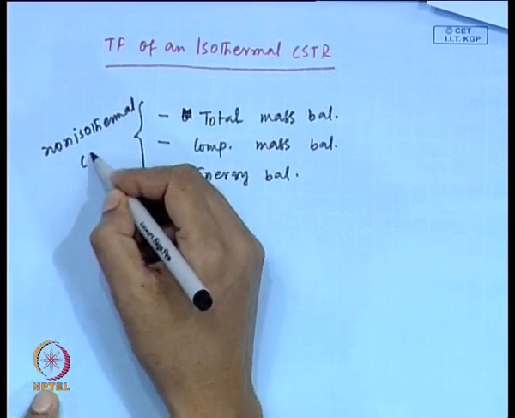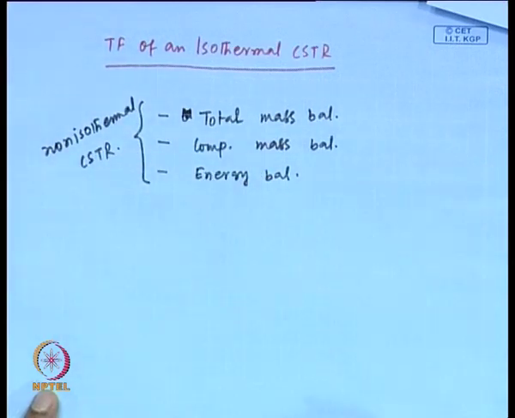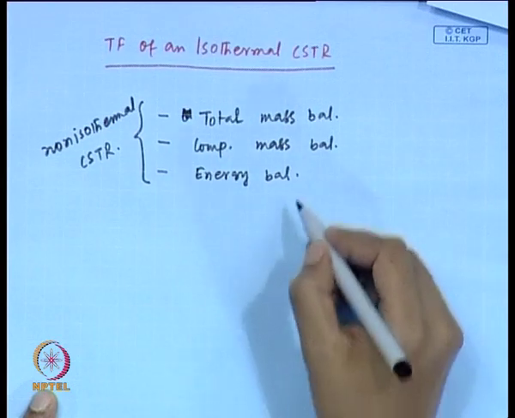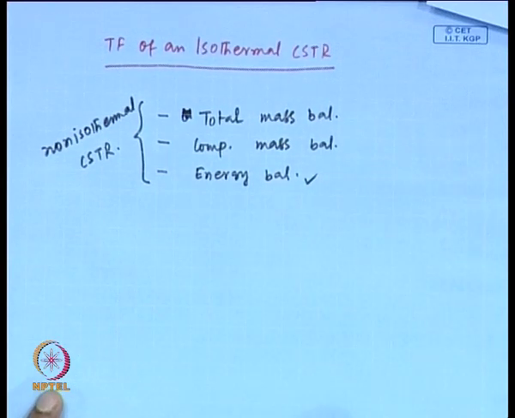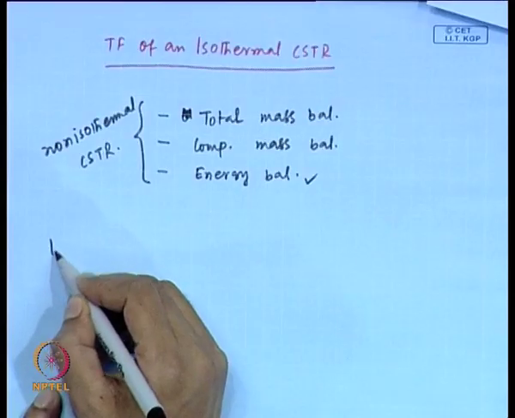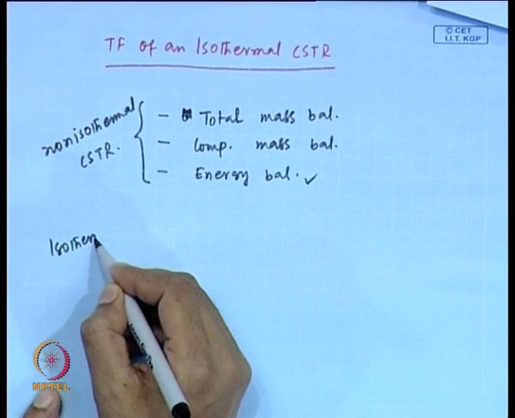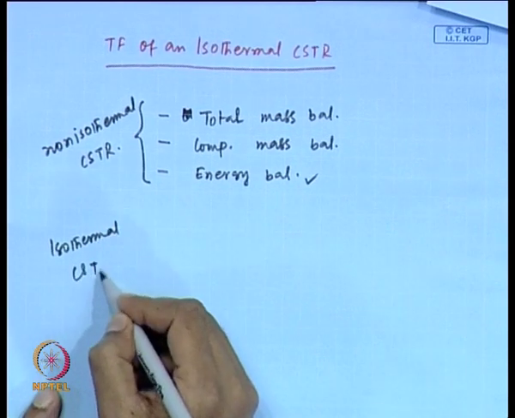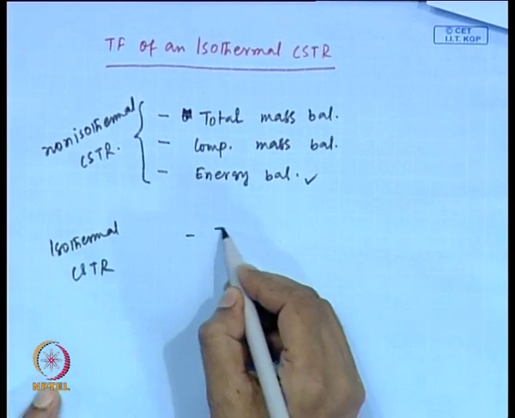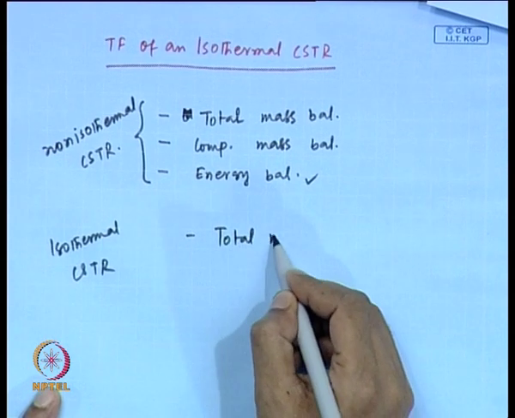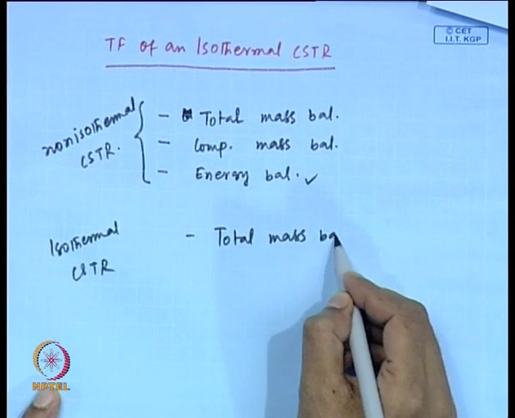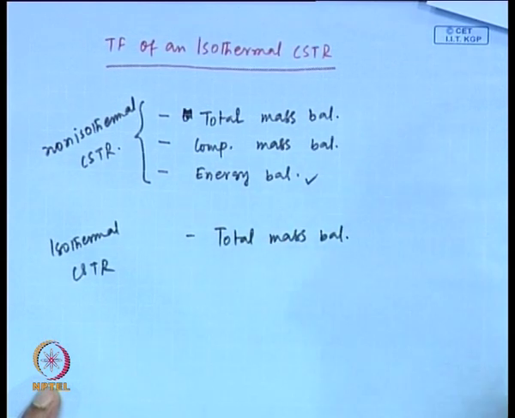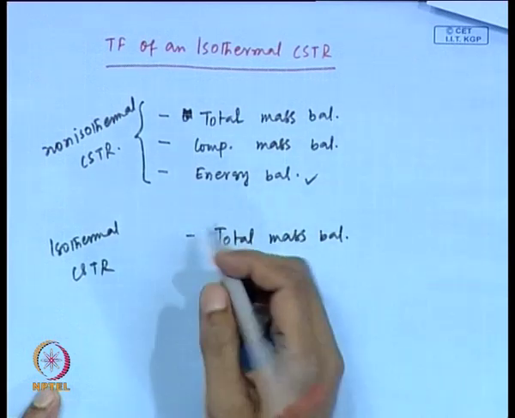Non-isothermal CSTR. So, for a non-isothermal CSTR, the energy balance equation we usually derive. Now, here we will consider the isothermal CSTR. Total mass balance: there will not be any total mass balance equation.